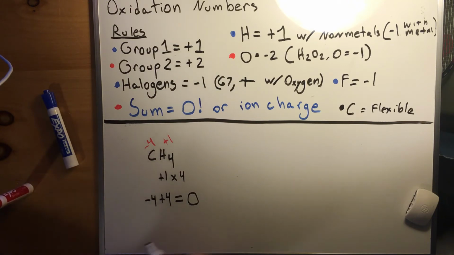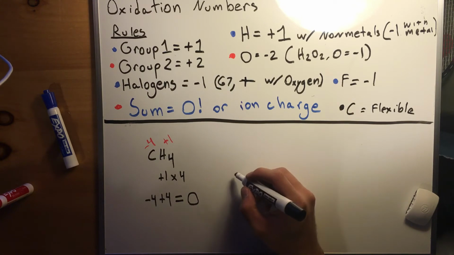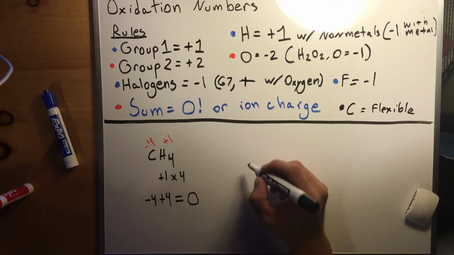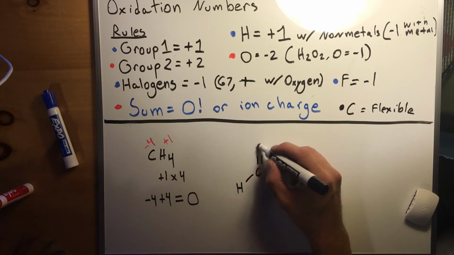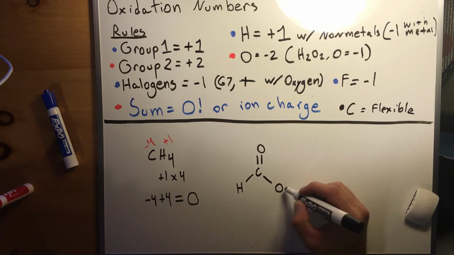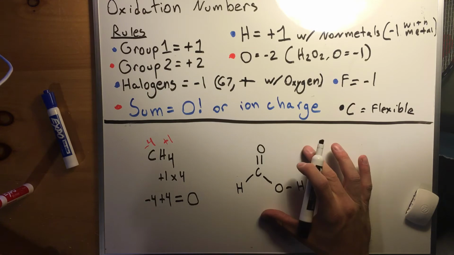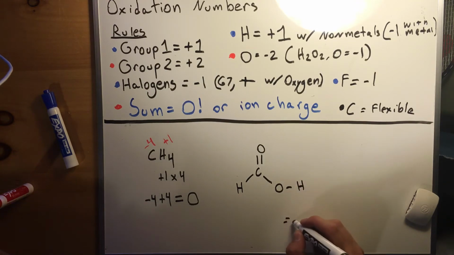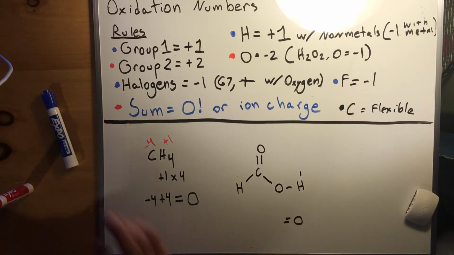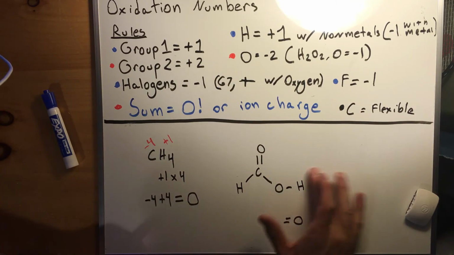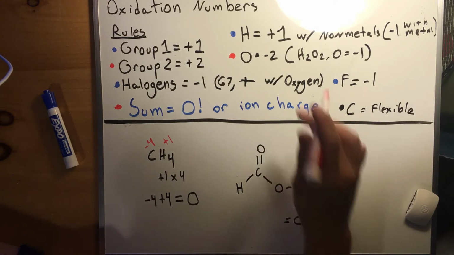Let's try another example. Let us do a super basic carbonyl. So the sum here is still 0. We know we've got some rules to follow. Hydrogen, we know that's a +1.